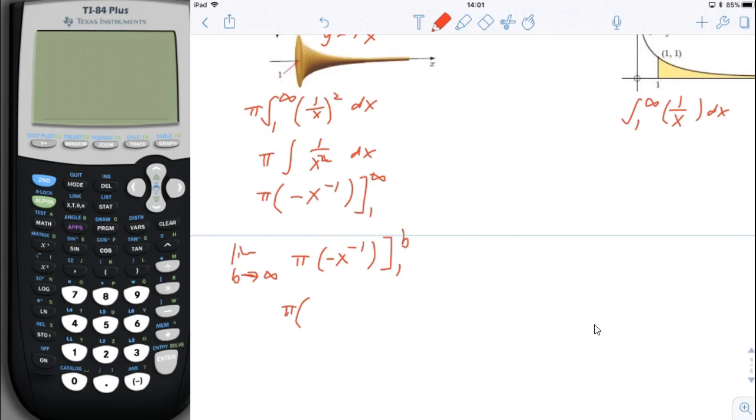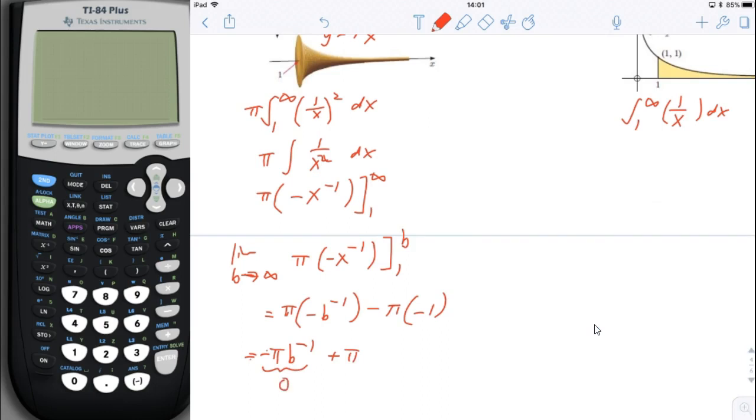So we're going to have pi times negative b to the negative 1, minus pi times negative 1 to the negative 1. 1 to the negative 1 is just 1, so it's negative 1. So our answer is negative pi, b to the negative 1, plus pi. And if you look at this, infinity to the negative 1 is 1 over infinity.